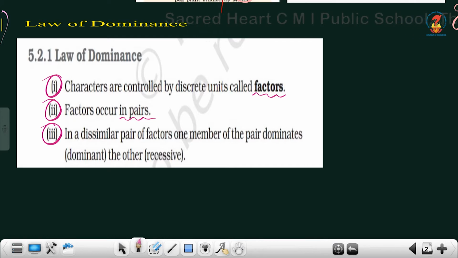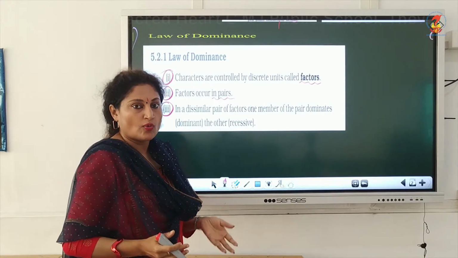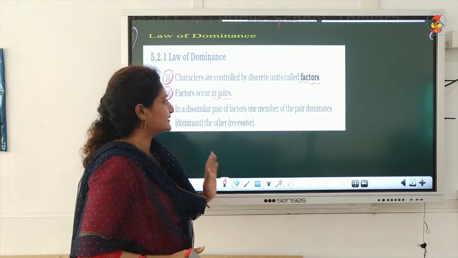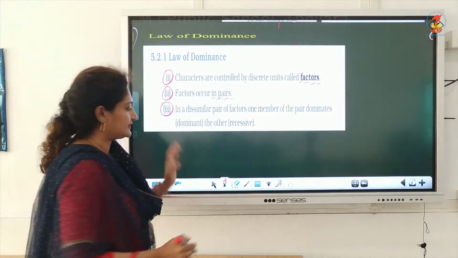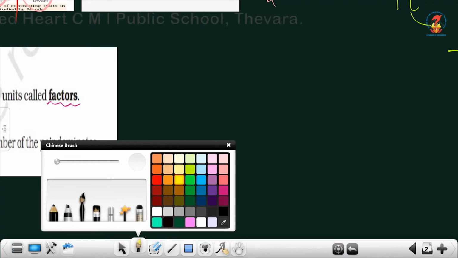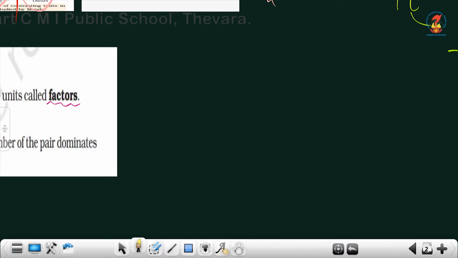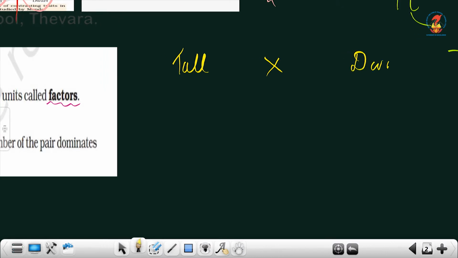So the third one, in a dissimilar pair of factors, one dominates and the other is recessive. Now I am going to illustrate this, taking the same example as Mendel took, tall cross dwarf, and following the rules of a genetic problem.